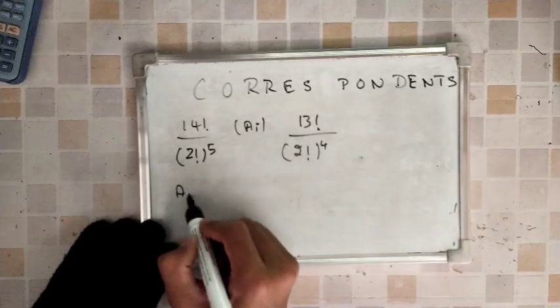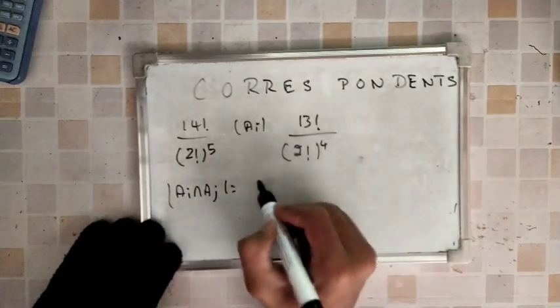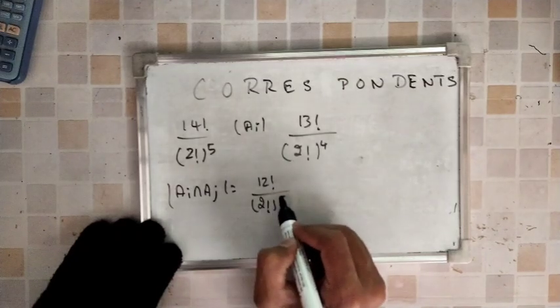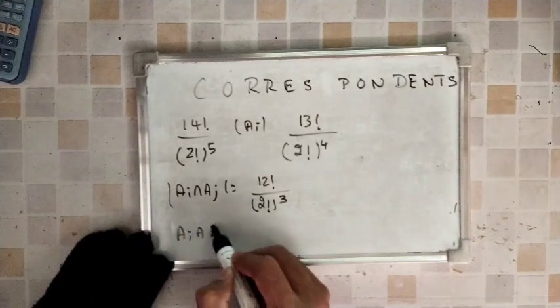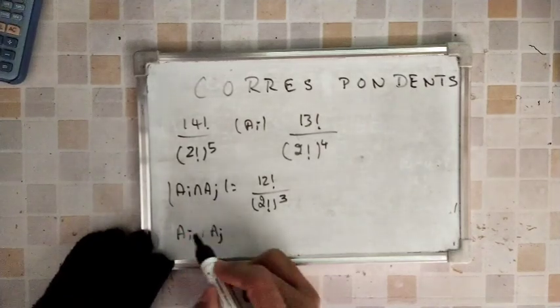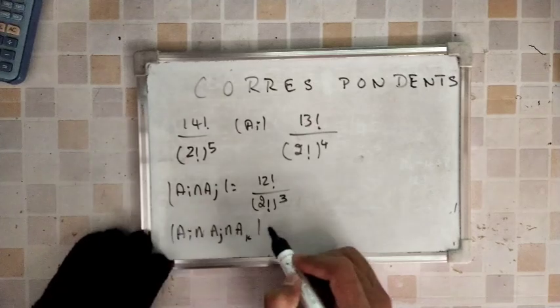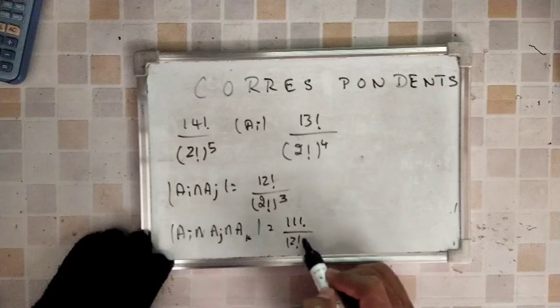Similarly, Ai intersection Aj, that becomes 12 factorial divided by 2 factorial to the power of 3. Then Ai intersection Aj intersection Ak, it will become 11 factorial divided by 2 factorial to the power of 2.